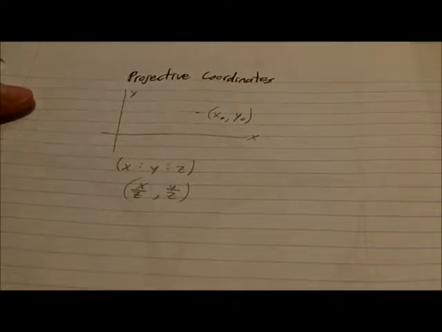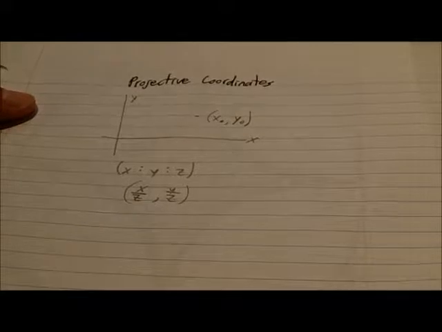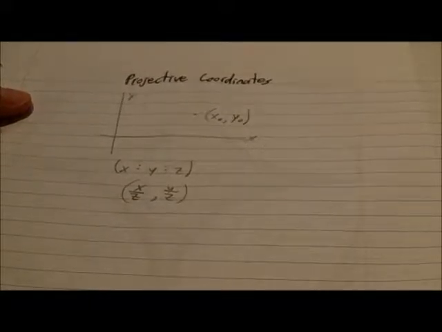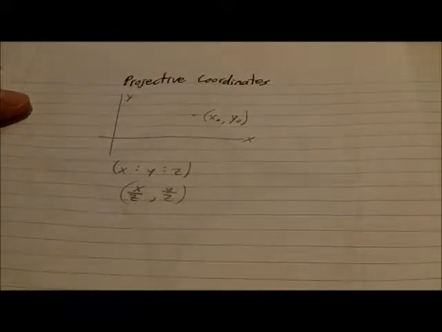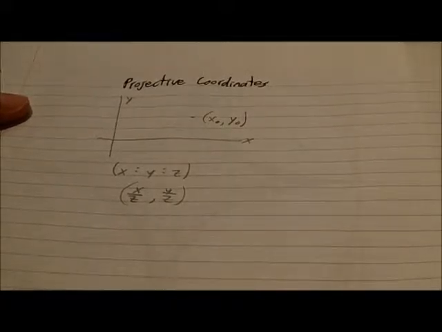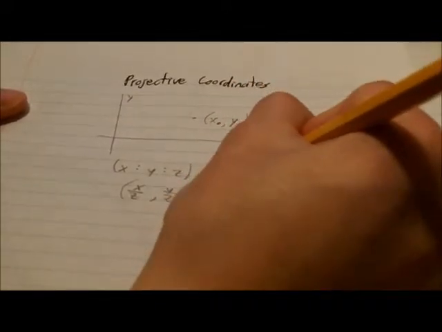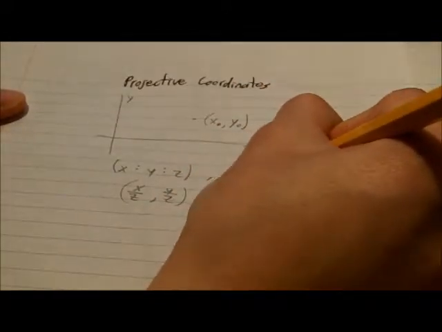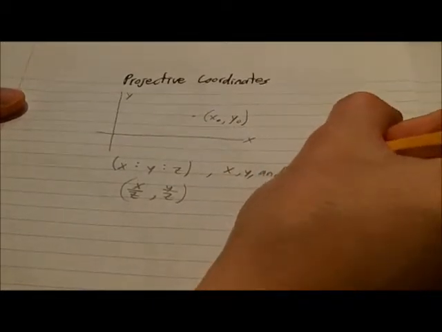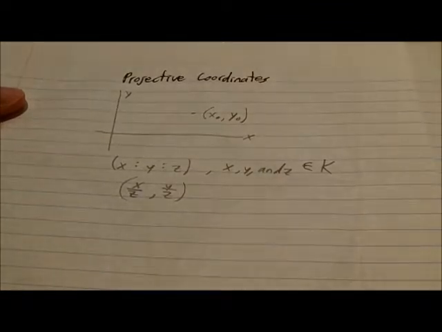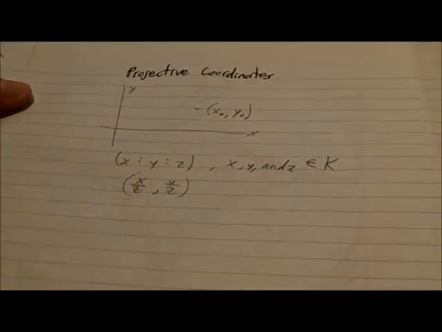Now, the projective plane uses field theory, which is a little bit complicated to explain for the first time, but I will start by saying we know that x, y, and z are all in this field K. But we'll get back to that in a minute.